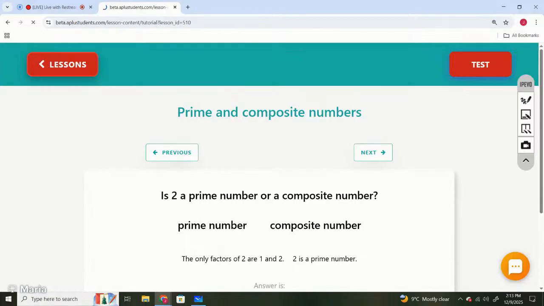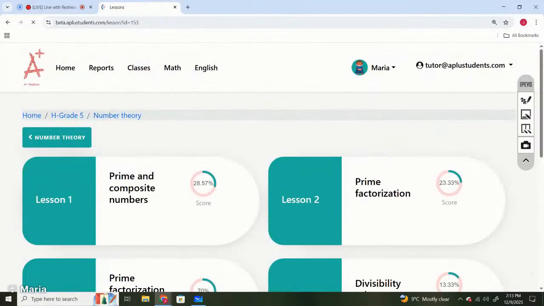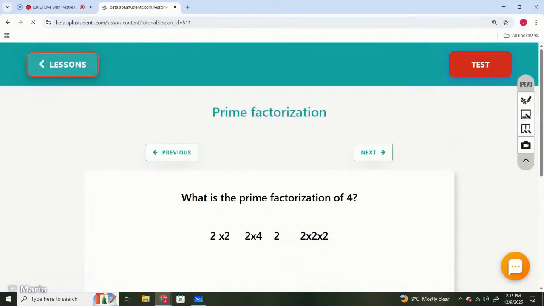The next lesson is prime factorization. Let's just start with the lesson. What is the prime factorization of 4?